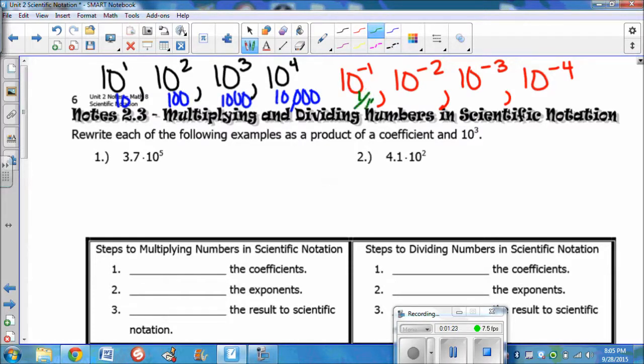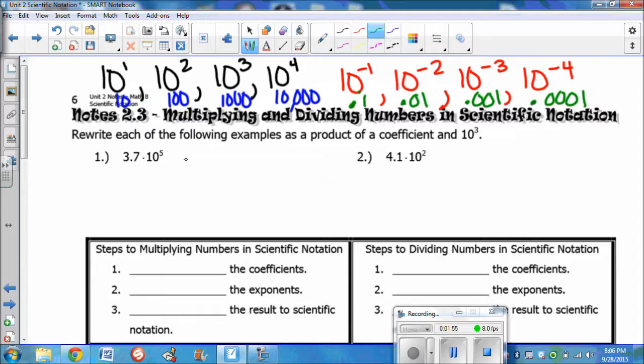A tenth, let's put that in decimal form, 0.1. 100th, 0.01. 1,000th, 0.001. 1/10,000th, 0.0001. Tenths, hundredths, thousandths, ten-thousandths. So that always seems to come back to us.